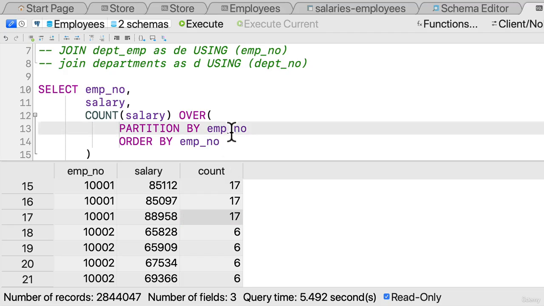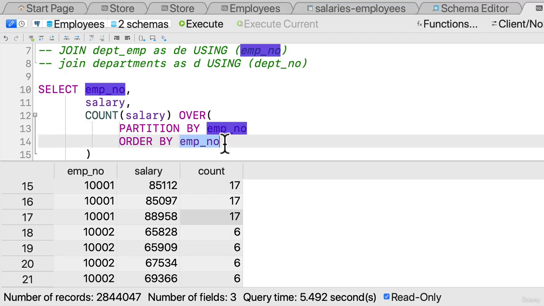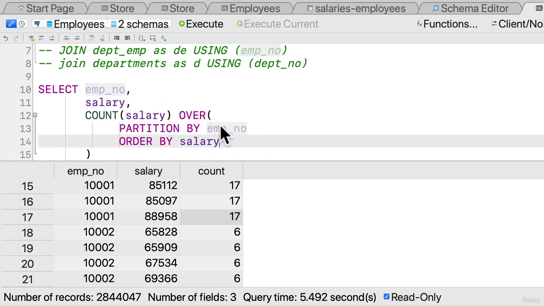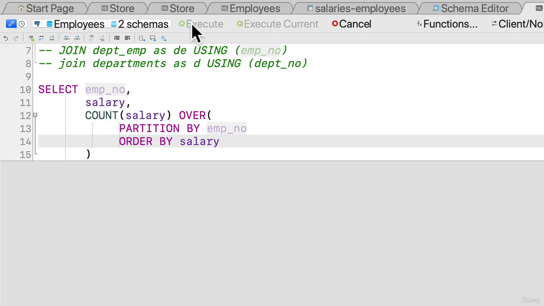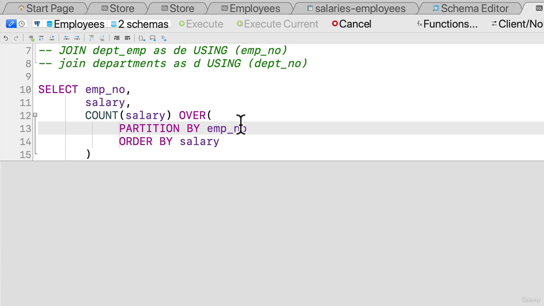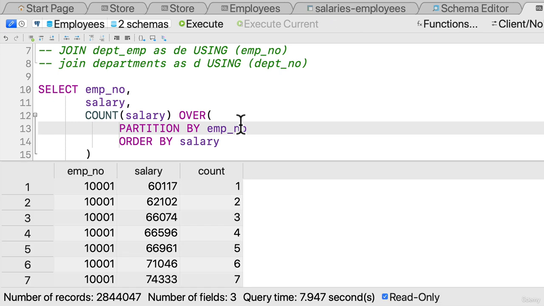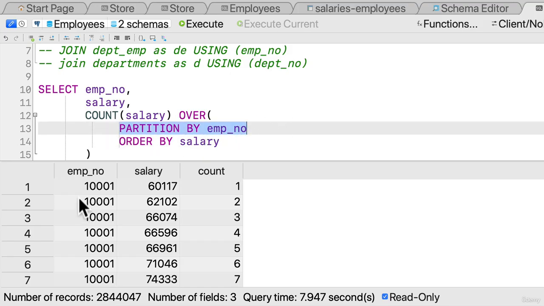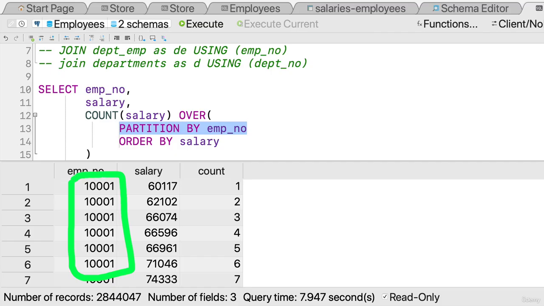But let's say that we ordered by salary. What would happen then? What would happen if we ordered by salary? Well, let's see what happens if we partition by the employee number, but then order by the salary. Will that affect anything? And here we go. Because we're ordering by the salary now, but we're partitioning by the employee number, our partition is the employee number.